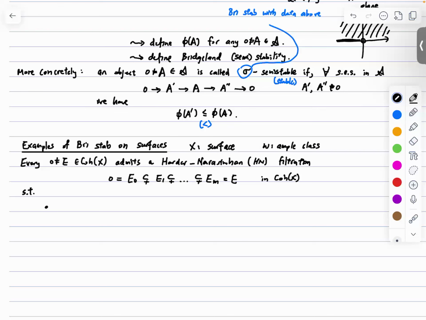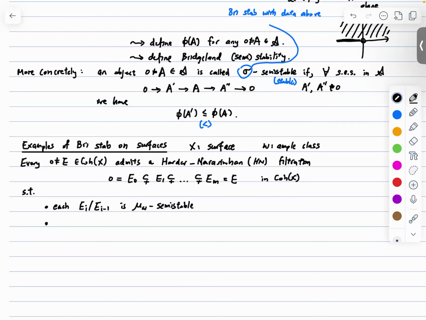So the first property is every factor in this filtration, so E_1 mod E_0, E_2 mod E_1, and so on, every single factor E_i mod E_{i-1} is slope semi-stable.